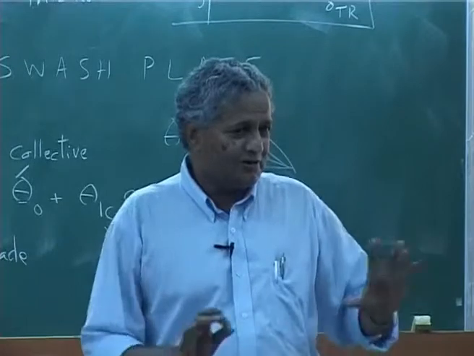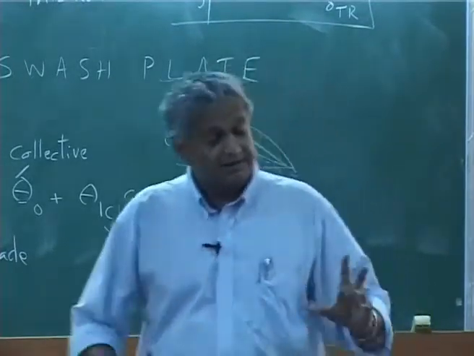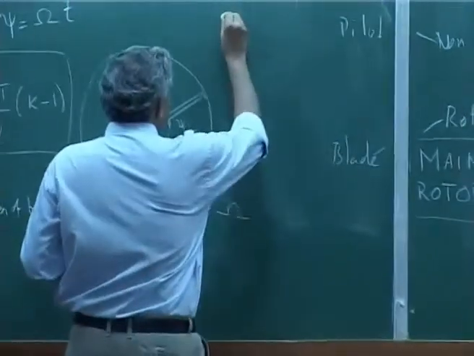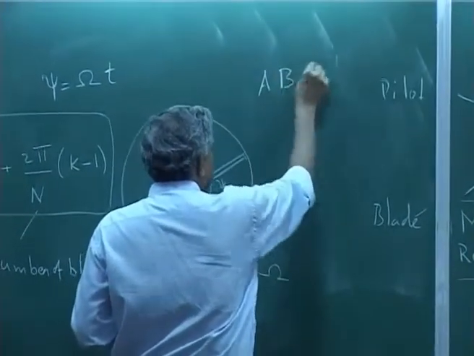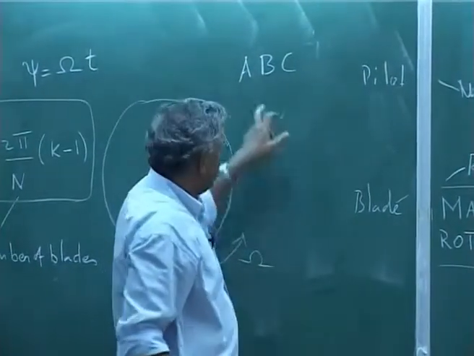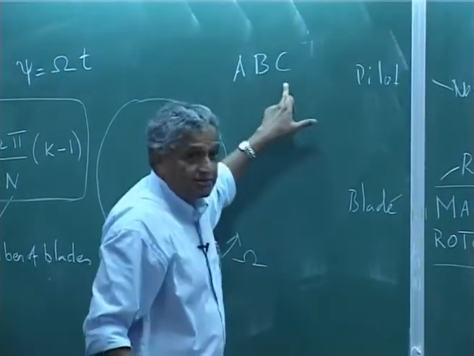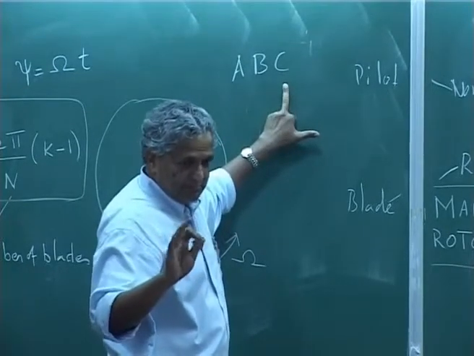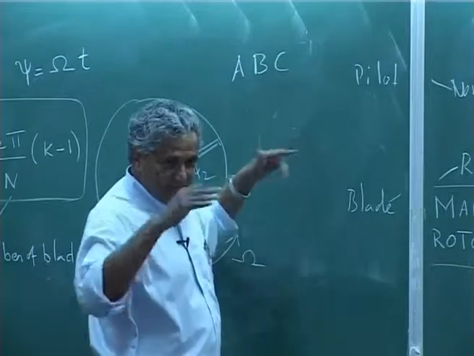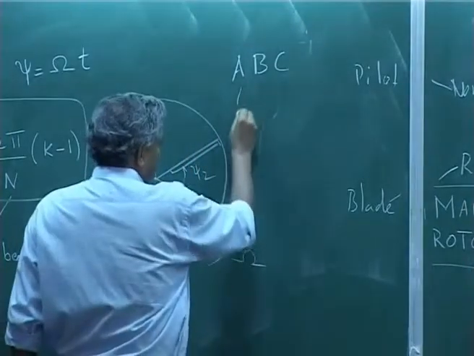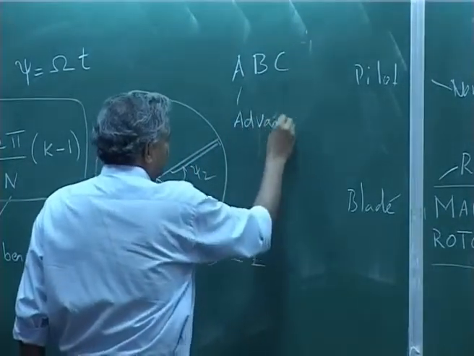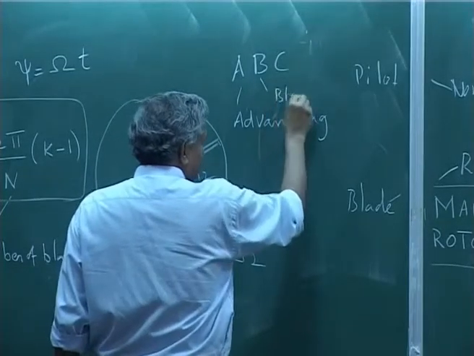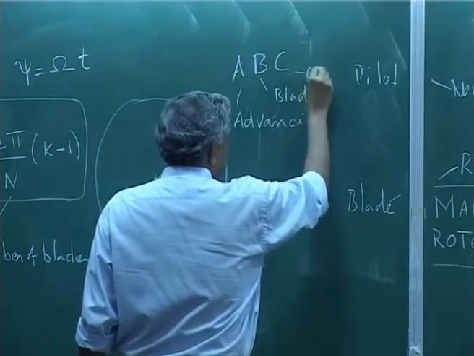Of course, the US now wants to call the same thing by a different concept. They call it ABC, advancing blade concept. There is nothing fancy except the name. I just saw this last week.